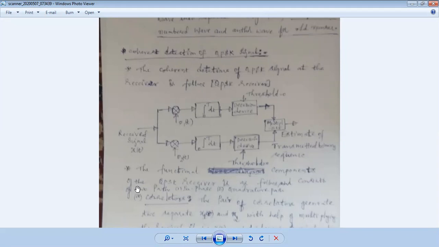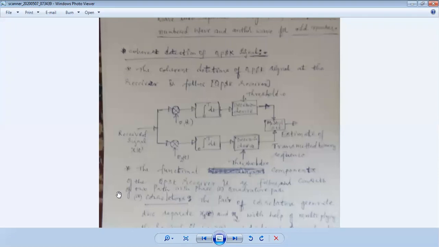Let us say you want to send a symbol 10. It will have 2 dibits for one symbol to be passed, and the next 2 dibits for the next symbol. The signals will be converted into odd and even streams, and odd and even will be multiplied, then summed together.